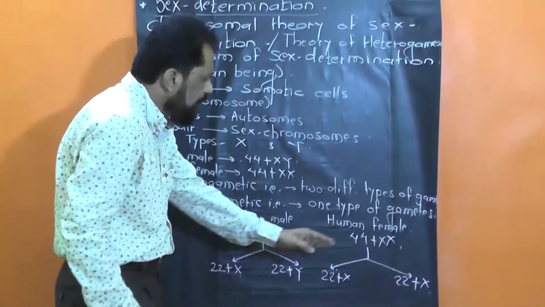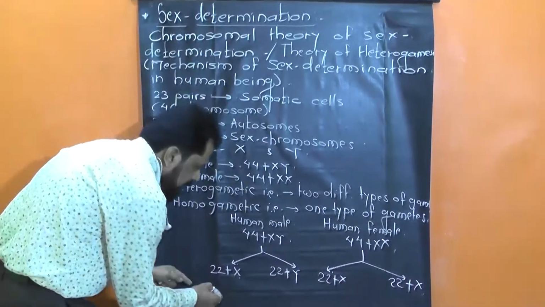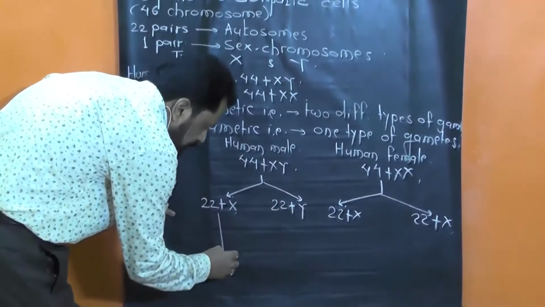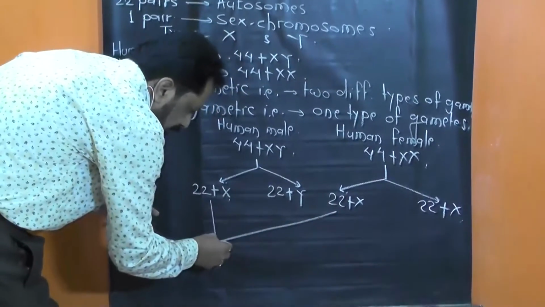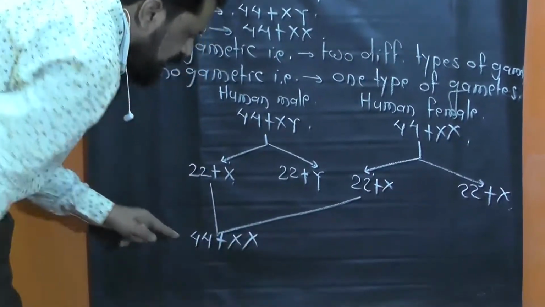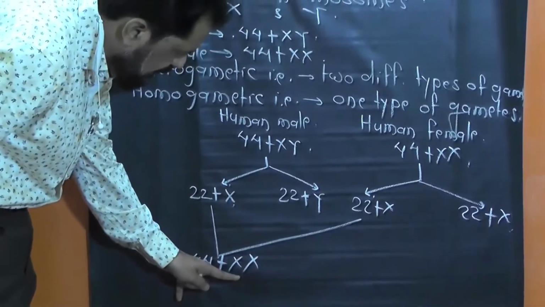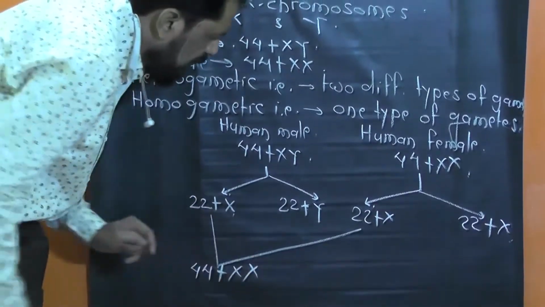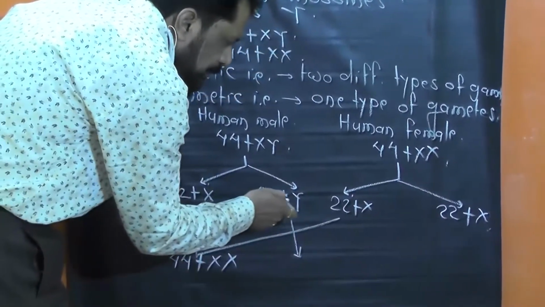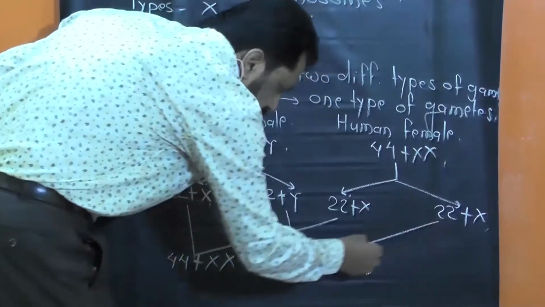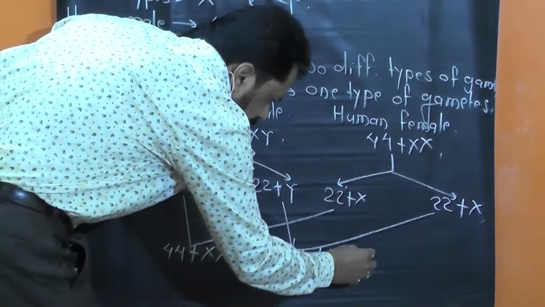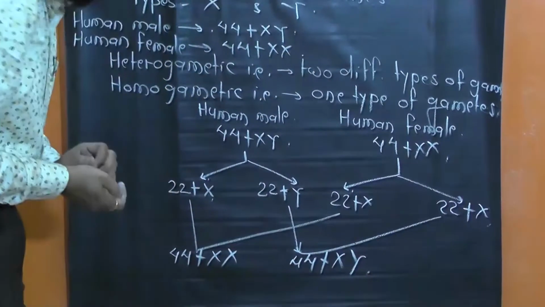Now, during fertilization, when the male gamete with X as a sex chromosome fertilizes the female gamete, then the resultant zygote is 44 plus XX. While when the male gamete with 22 plus Y fertilizes the female gamete, the resultant zygote contains 44 plus XY.